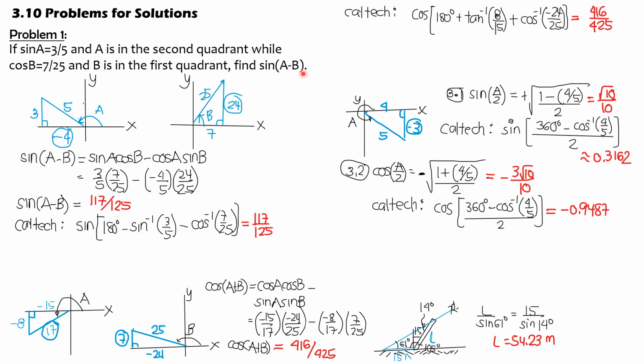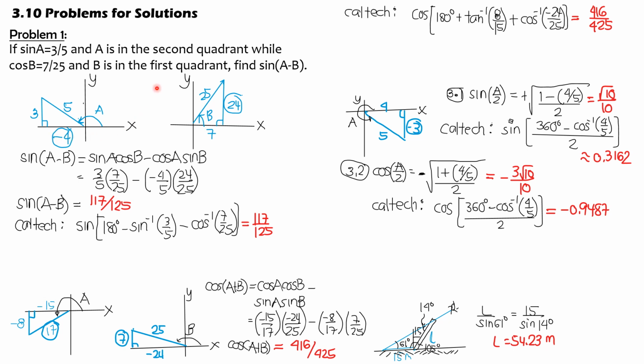So for the solution, A is in the second quadrant, then sine of A is y over r, y is positive 3, r is 5. By Pythagoras theorem, this should be 4, but since it lies in the second quadrant, x is -4.